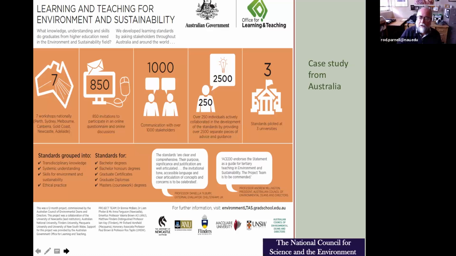So this is what we're thinking about, and these kinds of approaches, including the Vick et al. model, have been implemented in other places. And perhaps the clearest example of this has been in Australia, where the Australian Council of Environmental Deans and Directors have put together a tremendous amount of activity in terms of workshops, in terms of invitations, in terms of communications with stakeholders, all to put together their idea of what a broad-based core competency in sustainability education might look like.